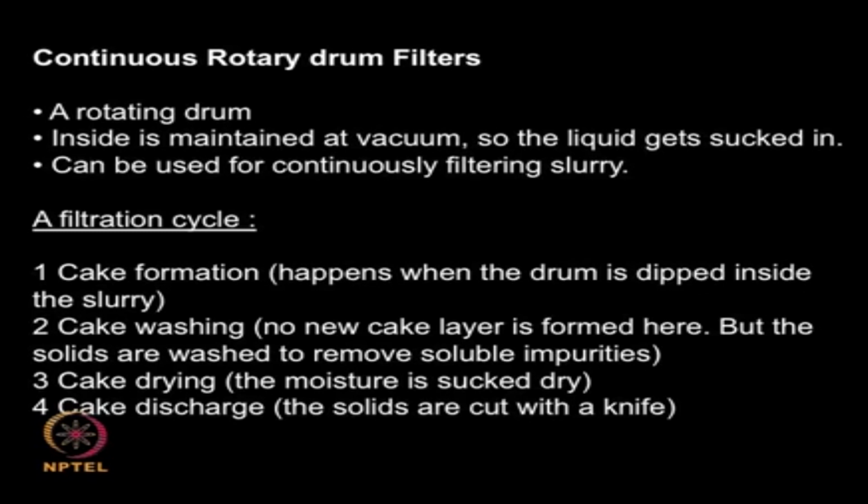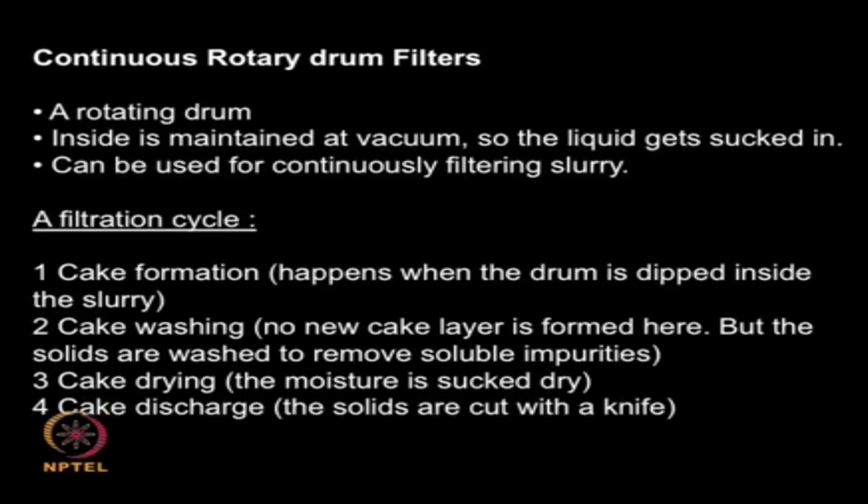This is the time when the moisture that is still attached to the wet bed gets sucked in. It does not get fully dried, but some amount of moisture removal takes place, and finally the solids are cut with a knife. So this is where the cake gets discharged, and the wet solids are collected for further processing, and once again the empty drum dips into the slurry tank, and once again you form the cake, and the process goes on and on.